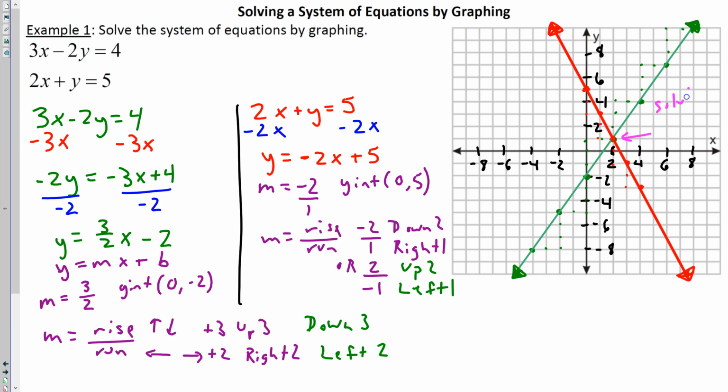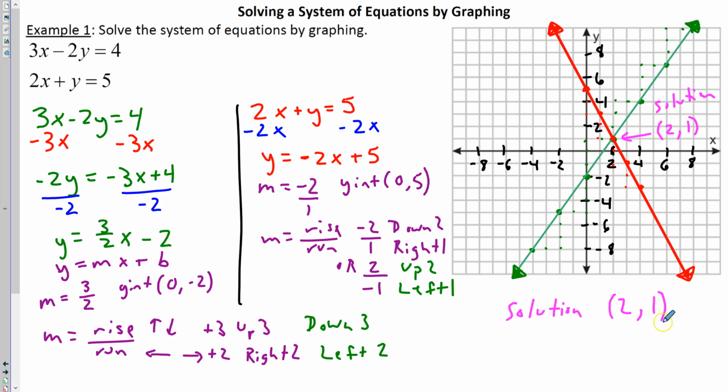So my solution point is here, and we want to look at the x and the y coordinate. My x coordinate for that point is 2, and the y coordinate is 1. So that is my solution to this system. That would be when x is the value of 2 and y is the value of 1. There are 2 ways to write your solution.